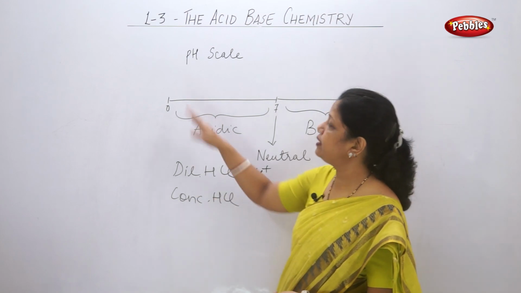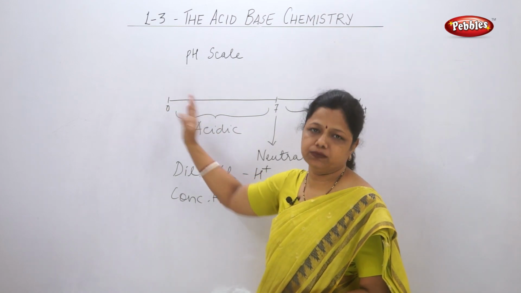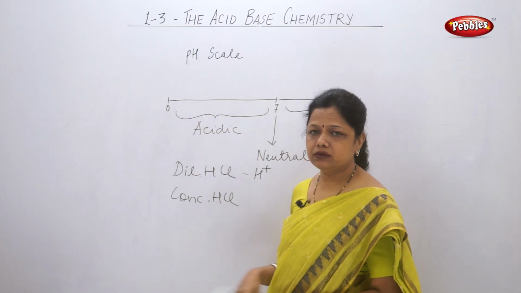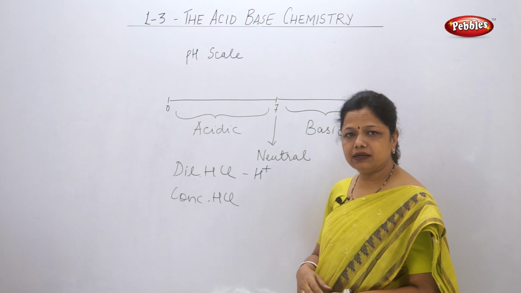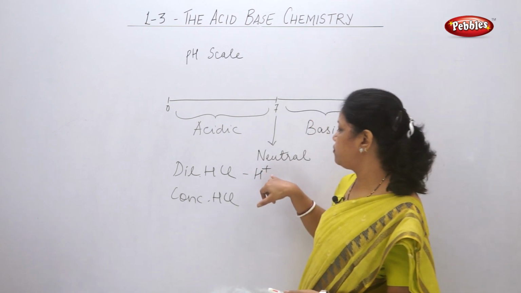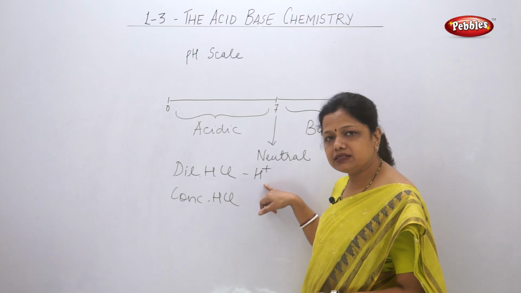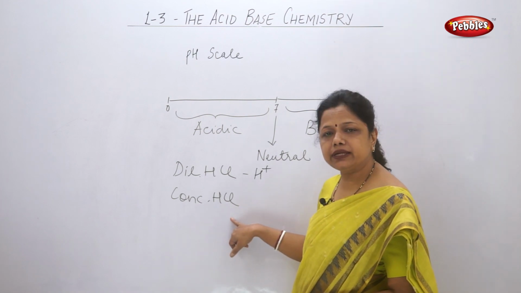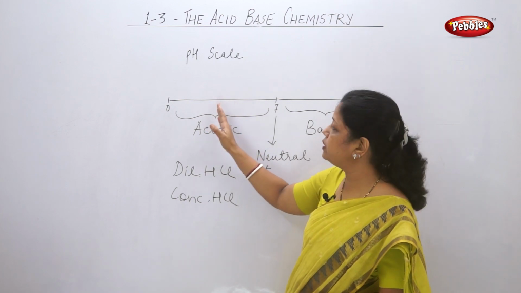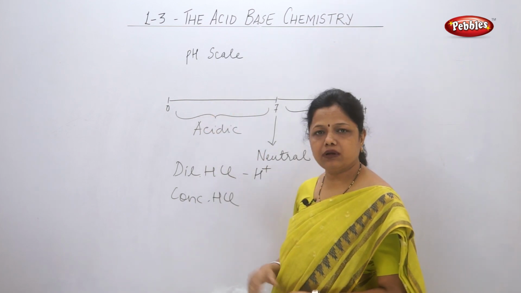Then you will say that it will be around 1 or 2. That means the pH value is around 1 or 2. In dilute HCl, the content of H ions is less as compared to concentrated HCl. So dilute HCl may show a pH value around 3 to 4.